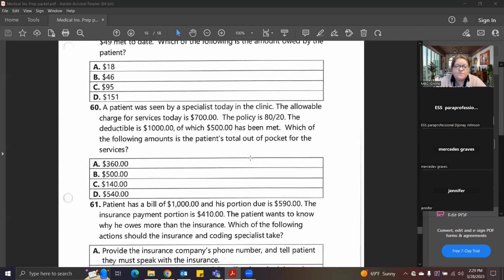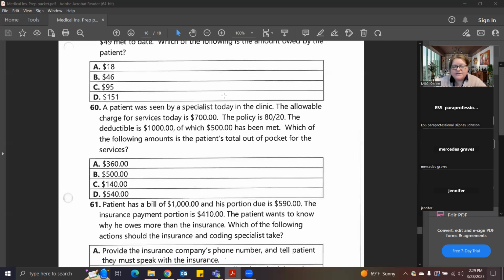So what's our total out of pocket for the patient on this service? B. That's correct. It's going to be B, $500. They're going to owe that whole $500 to finish off their deductible. Right. And then whatever's left over of that, there's going to be $200 left over, right?